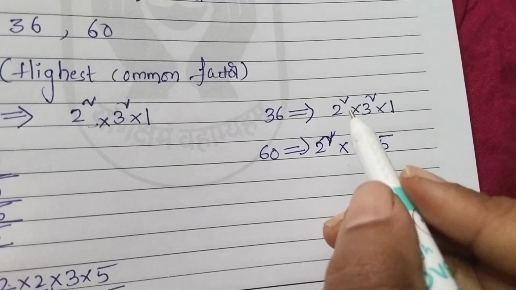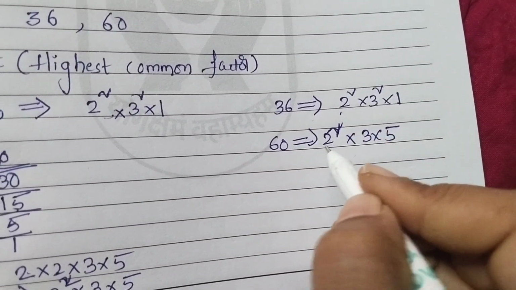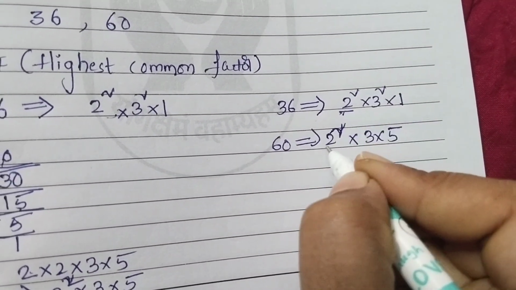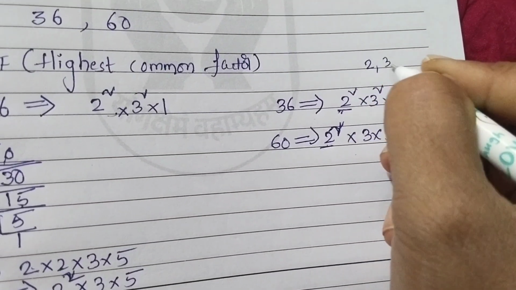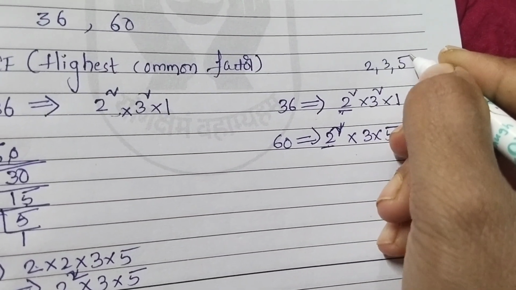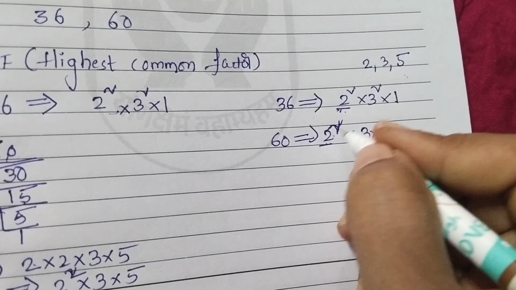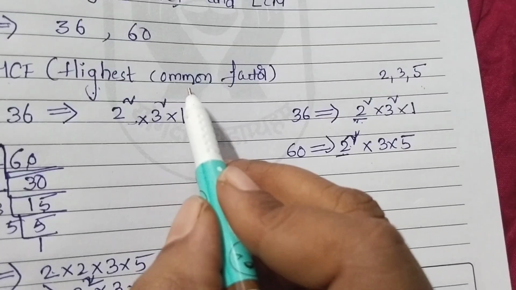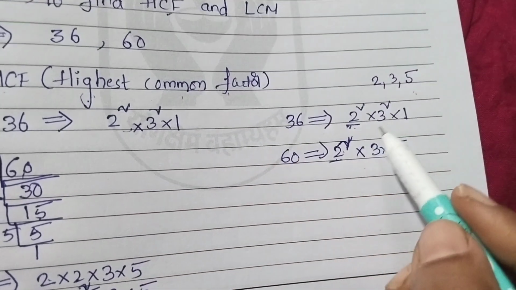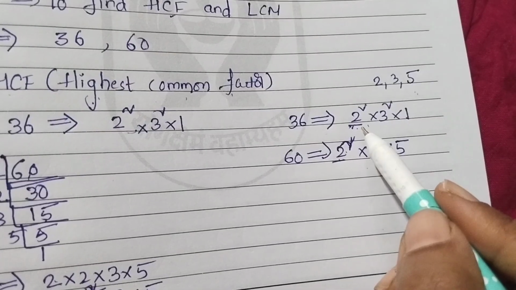See, we'll see what are the common factors here. 2 square, right? Here also 2 square. We have 3 prime numbers here, 2, 3, 5. In that we have to take common prime factors, okay? The name itself is highest common factor, so we should take the common number, that too highest common number.